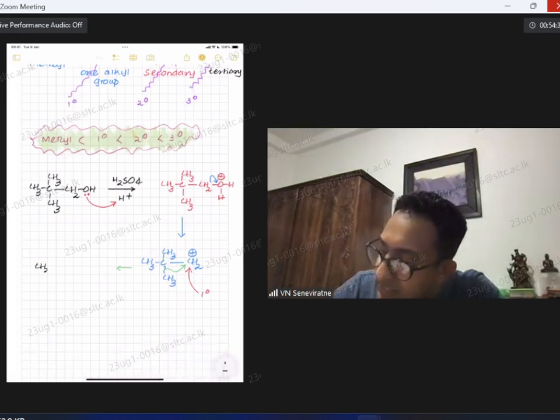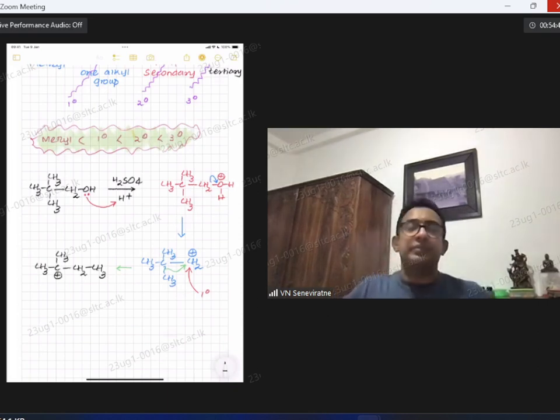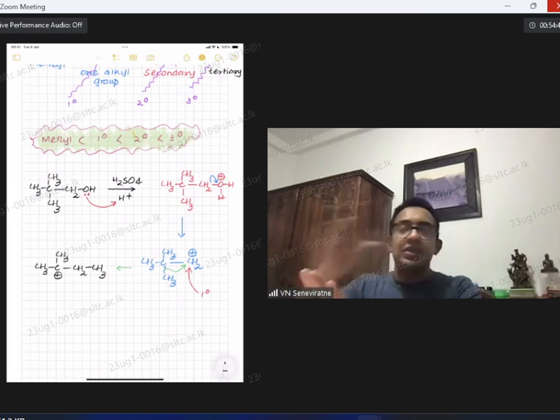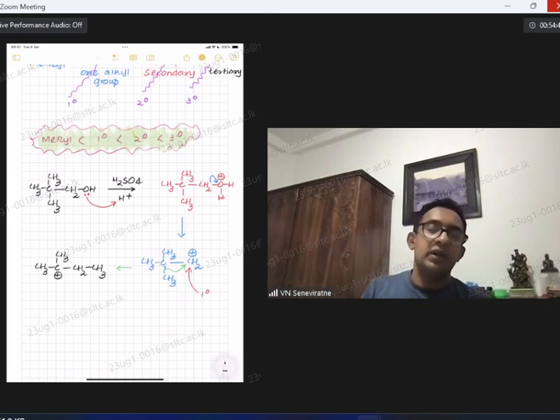So first CH3, then there is a carbon, there's a CH3. On the other side, you have a CH2 and then CH3. Now the positive charge comes onto this. By moving the CH3, the positive charge jumps onto the other carbon. So what kind of a carbocation is this?